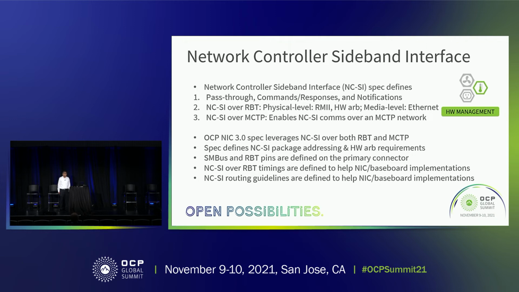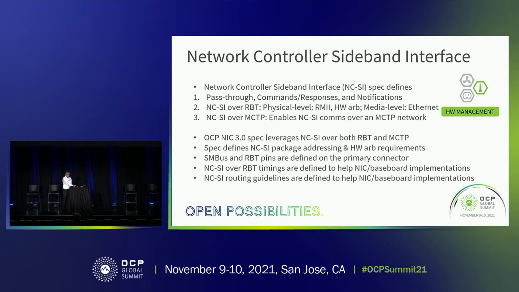Likewise for the routing guidelines, how one handles NCSI clocking and other routing, including the potential for hot plug as we go forward, it's important to understand who's responsible for doing what part of that implementation. Okay, next slide, please.